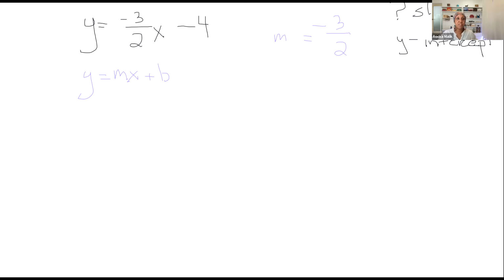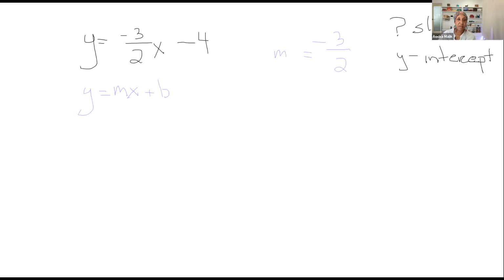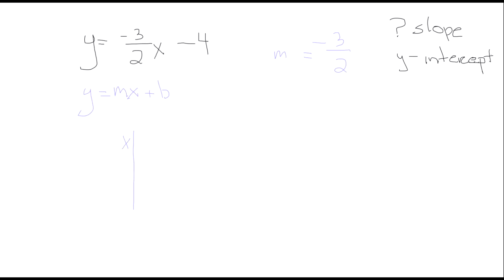Autumn, what's my y-intercept? -3? How'd you get -3? That's the rise.